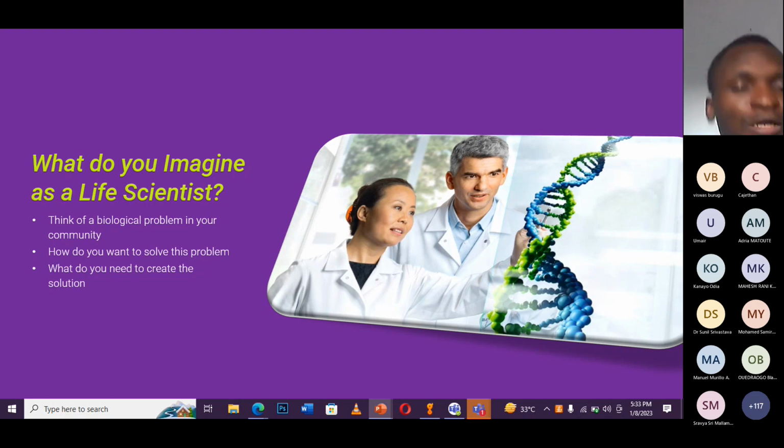How can it become a valuable resource, a powerful tool in your hand as a life scientist to provide solutions, not just to provide solutions.